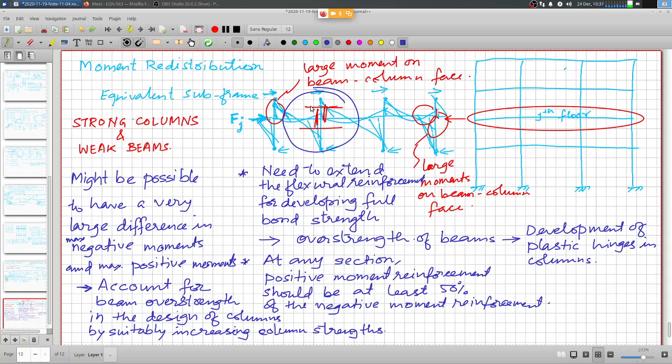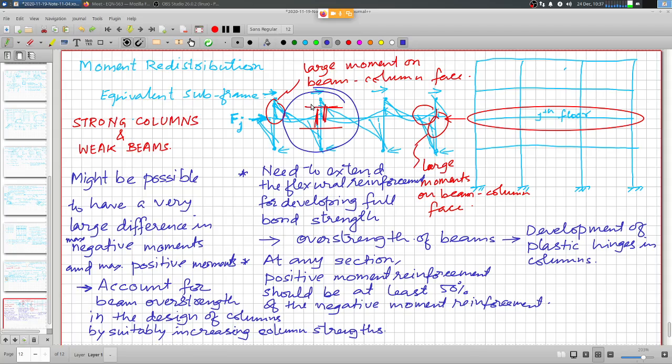Then we can assign the moments, deciding what is the maximum moment that we need to design for, and try to make the maximum positive moment in the span more or less equal to the maximum negative moment, approximately.